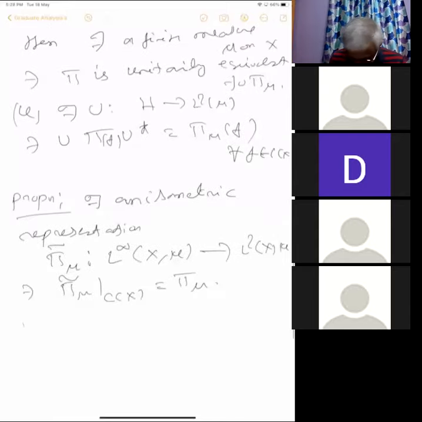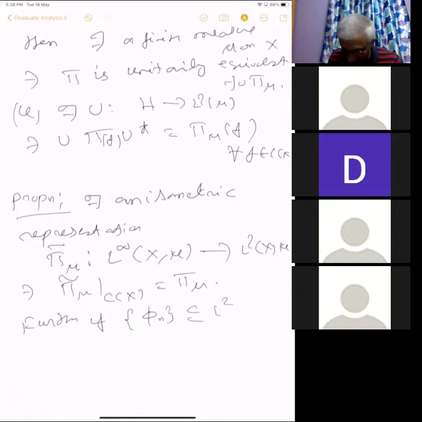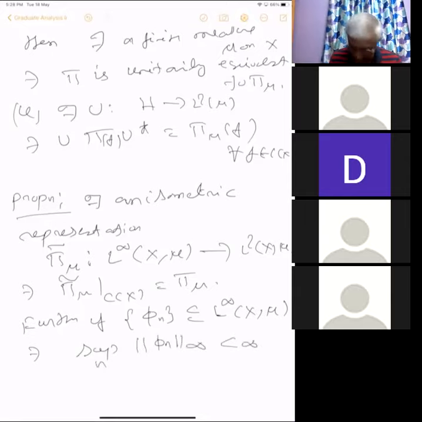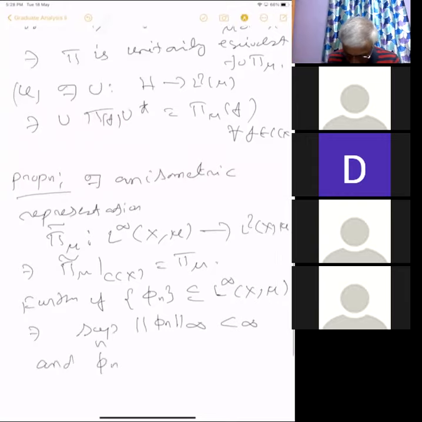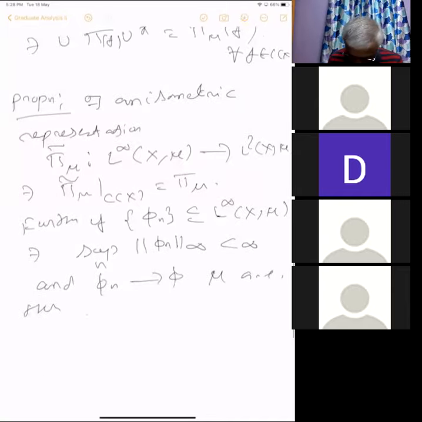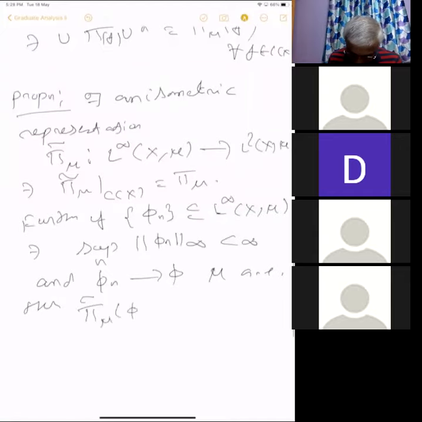Further, if we have a sequence phi n contained in L infinity of X mu, such that the supremum of the L infinity norms of phi n is less than infinity, so they are uniformly bounded, and phi n converges to phi almost everywhere, then pi mu tilde of phi n converges to pi mu tilde of phi strongly.